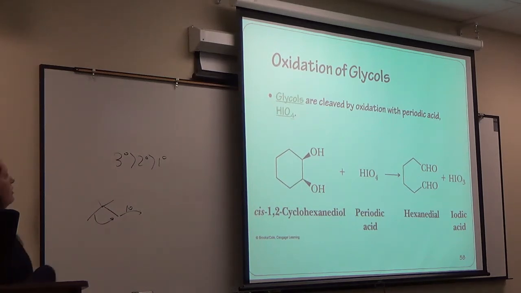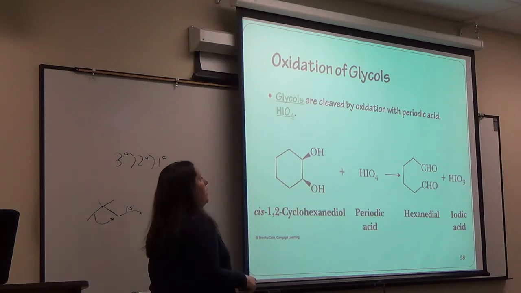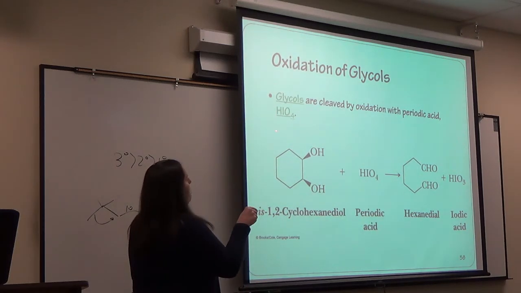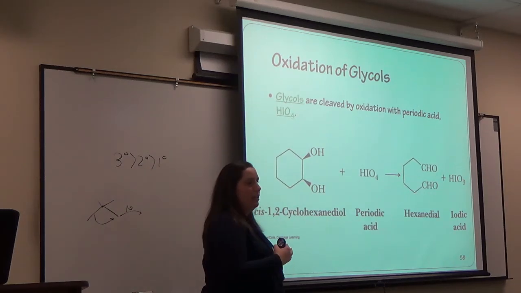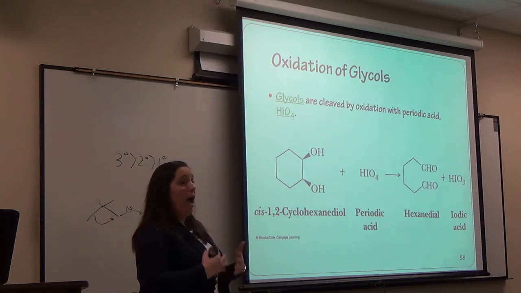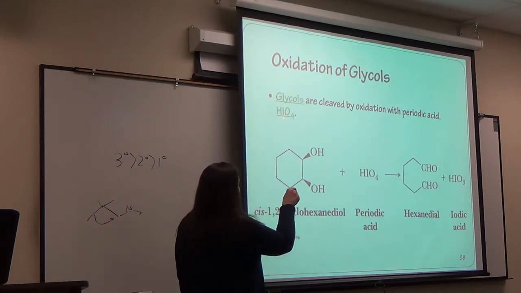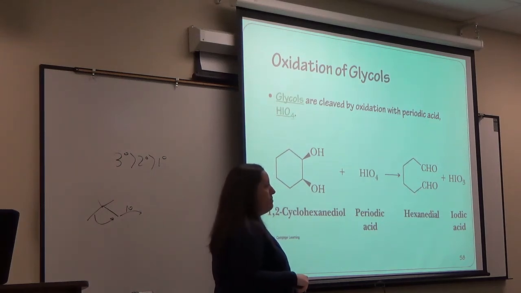So, a couple other oxidations here that are specific. Glycols can also be oxidized using periodic acid. I always want to say periodic because it looks like the periodic table, but it's periodic, from iodine. So I is iodine here, and it's the tetraoxide.